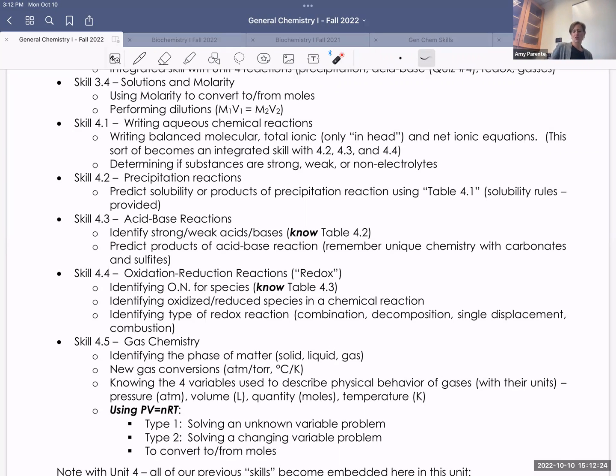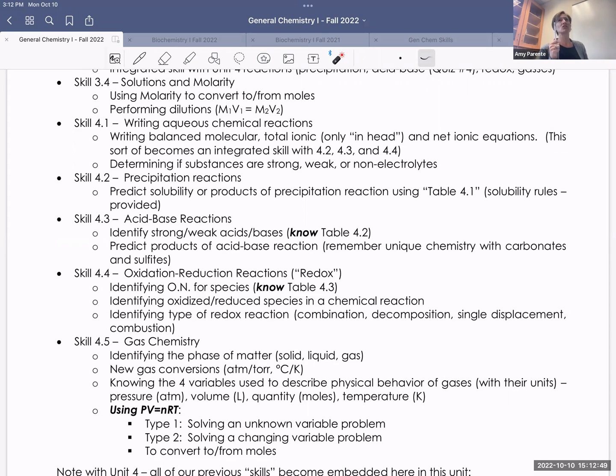But here's some of the things that we talked about in Unit 4. The first skill that we had after a quiz, so it was a fairly short skill, is how do we write these aqueous reactions? How do we take something that says AQ and recognize that it dissociates into ions if it's an ionic compound? And so learning how to write those balanced molecular, total ionic, and net ionic equations.